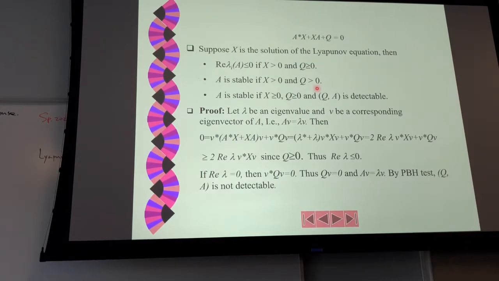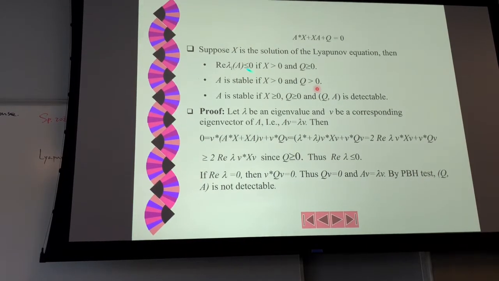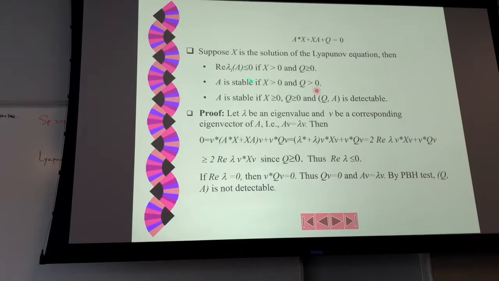That kind of proof I consider straightforward for linear systems, as I already told you. So X is the solution of the Lyapunov equation, then the eigenvalues of A will be less than 0.